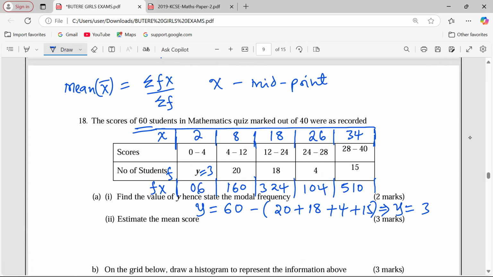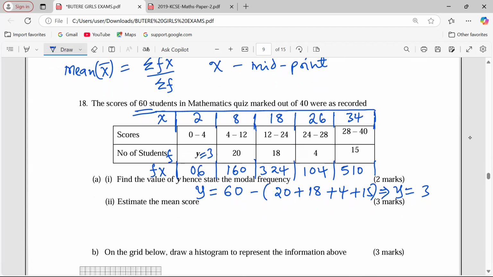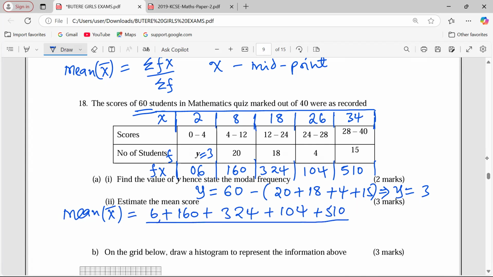So we now have all the fx. What we don't have is the summation of fx. For us to get the mean of x, we need the summation of everything here: 6, 160, 324, 104, plus 510, out of the summation of all the frequencies. How many students do we have here? 60 of them, because it has already been provided.